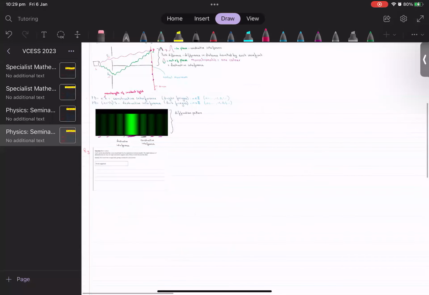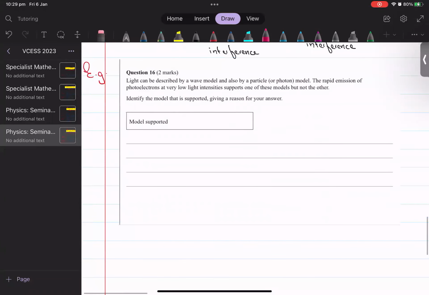Okay, now to the supposedly fun stuff. This is a qualitative question, because generally what they do in VCAA exams is they tend to see how well you know your stuff qualitatively rather than doing calculations. This is something we did cover earlier today, but it's worth refreshing. The question says that light can be described by a wave model and also by a particle or photon model.